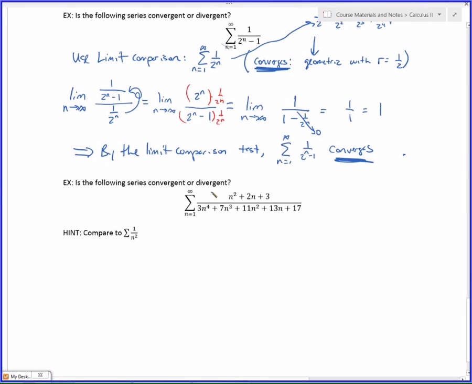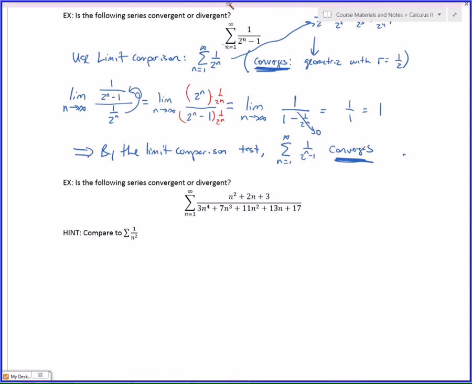All right, let's reinforce this. Let's try one more. It's so much easier. This nasty, ugly thing is just a rational expression inside, right? A polynomial over a polynomial. Now, if I stood back and looked at this, it's not very hard to see what's a good idea to compare it to. Again, the question is, what does this behave like for large n?